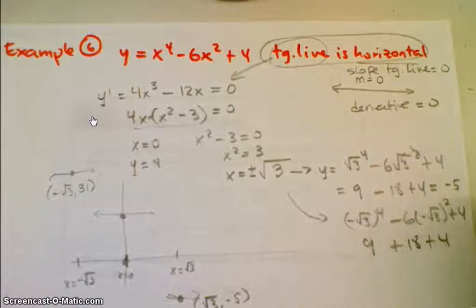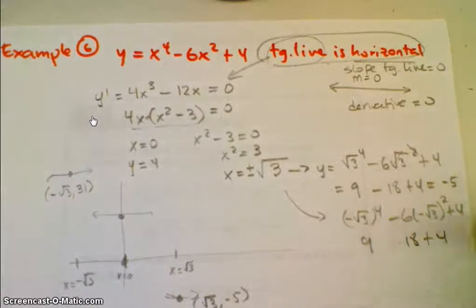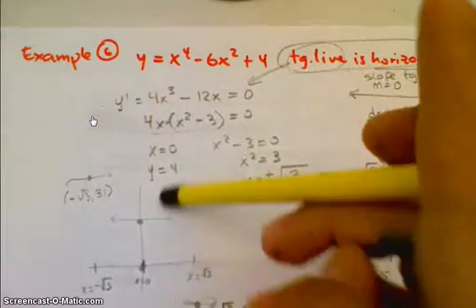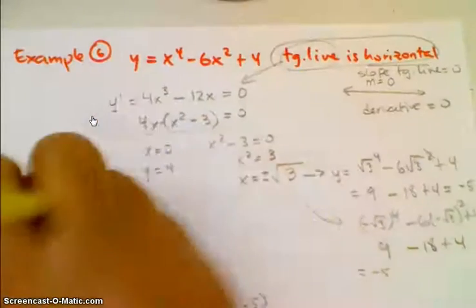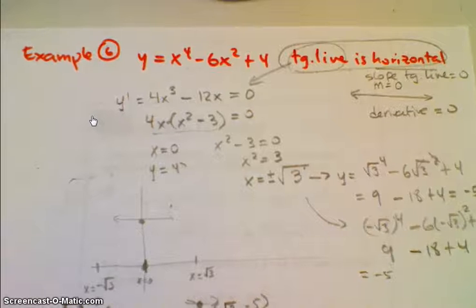I apologize for the mistake here. Any number squared is still positive, so this still remains negative 18. So this is still negative 5. So I just have to change that here. So this is another point for which the derivative is 0: negative rad 3, negative 5.